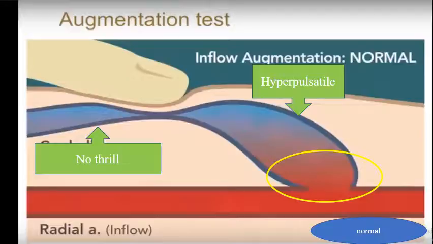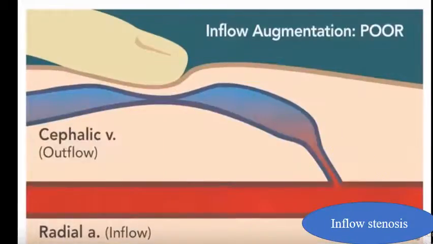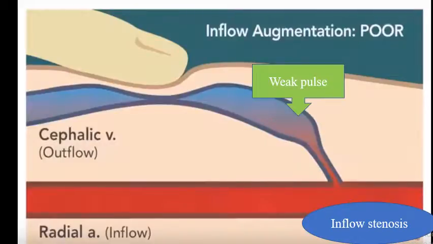So the segment between the AV fistula and your finger will be hyperpulsatile and the thrill will be absent after your finger. If you do this test and you find that the segment which should be hyperpulsatile shows a weak pulse, this means that there is stenosis of the artery, or at the opening of the AV fistula there is inflow stenosis.